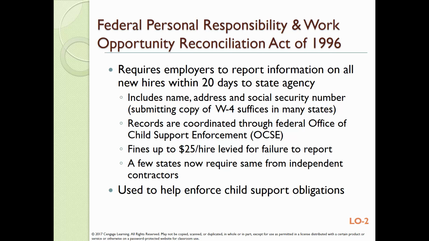This now says, when somebody comes to work for me and I'm processing payroll, I've got 30 days to get their social security number, their address, and their name to my state child support enforcement agency. And then it all goes into a mainframe in Washington, D.C., and it's cross-checked.